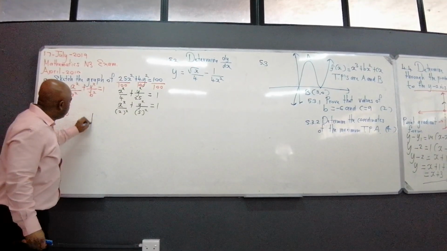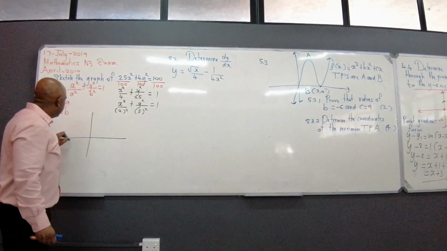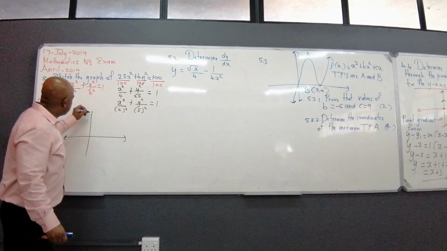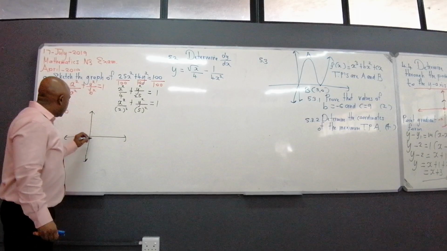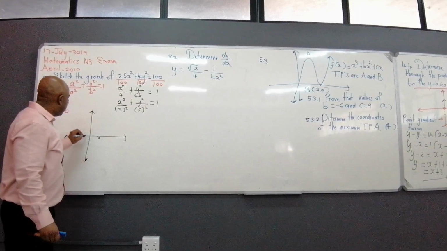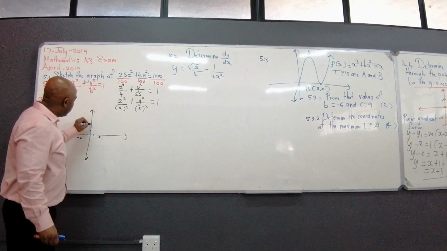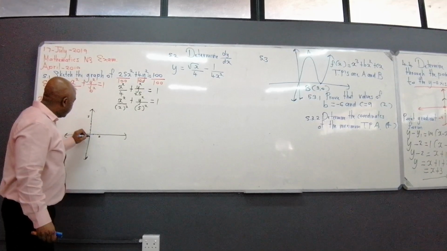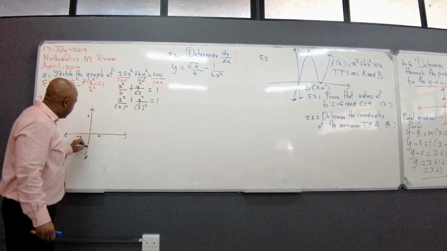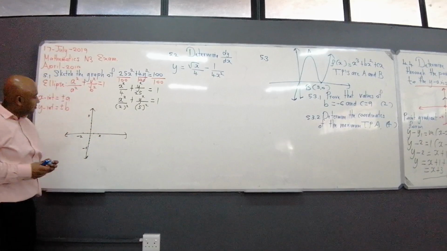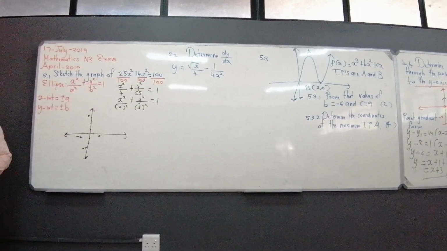So you just go and sketch the graph. We're going 1, 2 there, minus 1, minus 2, 1, 2, 3, 4, 5, minus 1, minus 2, minus 3, minus 4, minus 5. So that's your ellipse, those are the values.